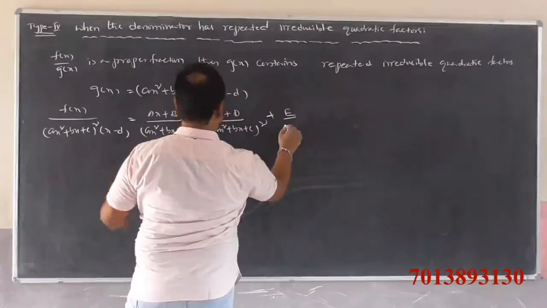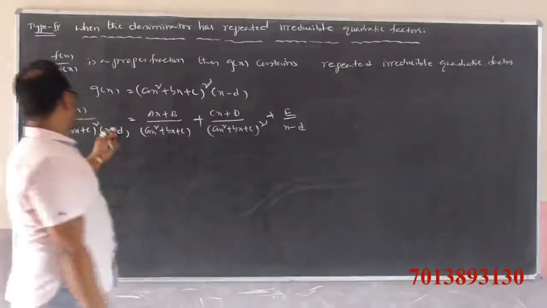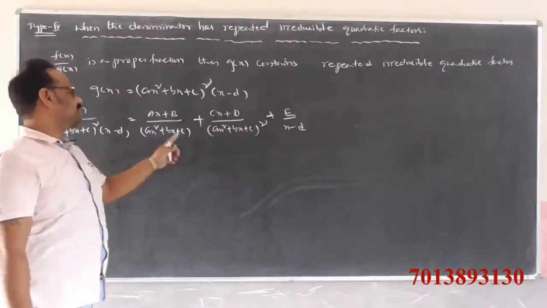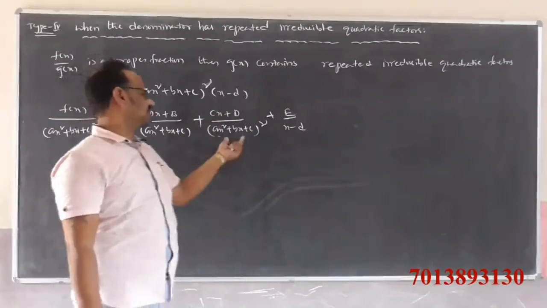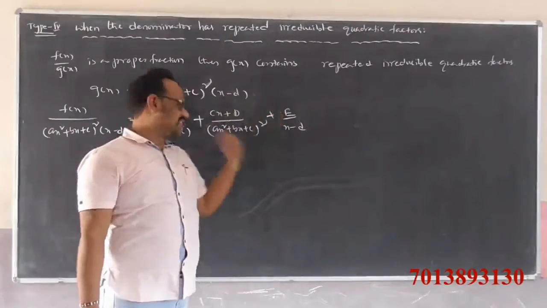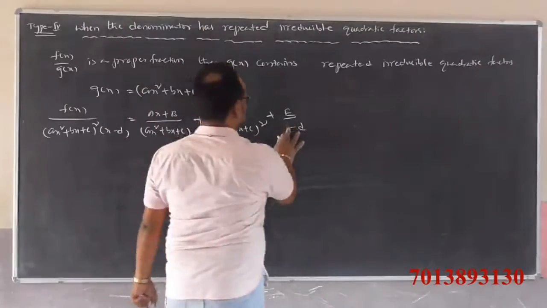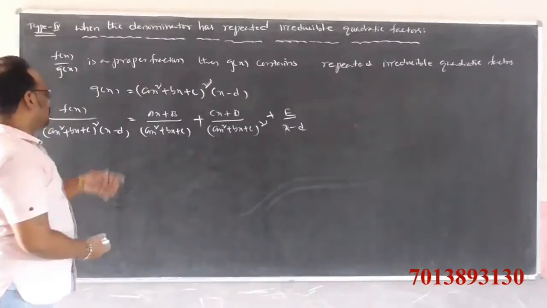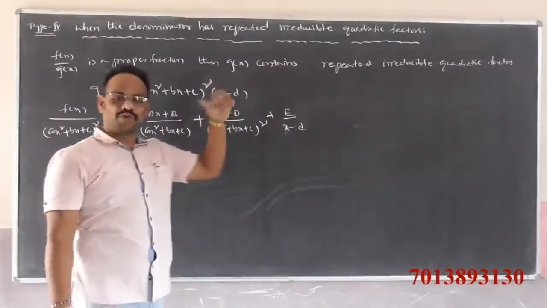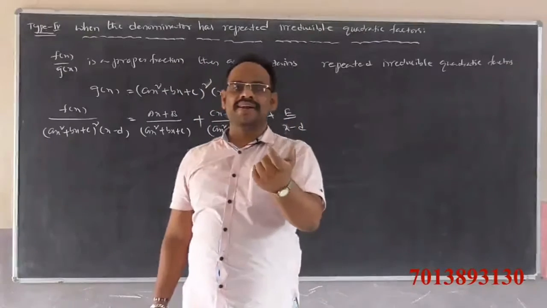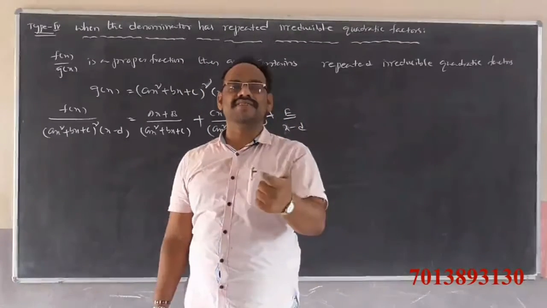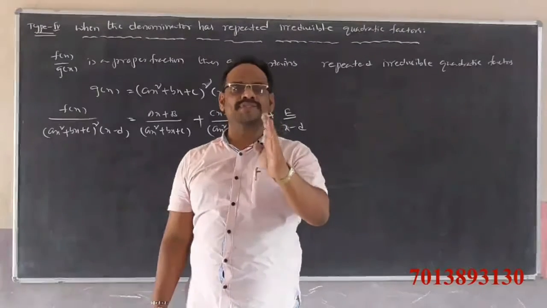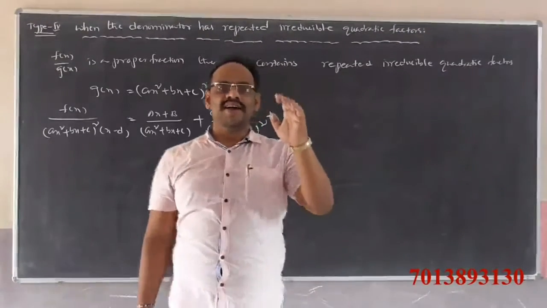So e by, take x minus d. If x minus d is not there, write ax plus b by x square plus bx plus c plus cx plus d by x square plus bx plus c whole square. If it is there, then e by x minus d, write one linear factor, nothing but e by x minus d. No problem. If it contains ax square plus bx plus c whole to the power n, the denominator contains repeated irreducible quadratic factors, how can it be written?